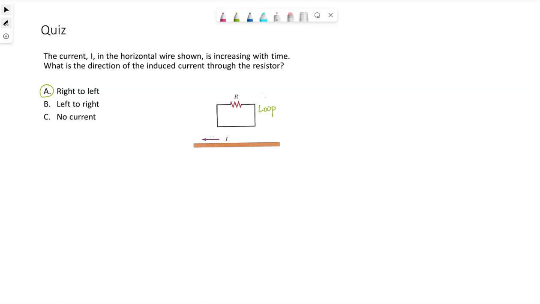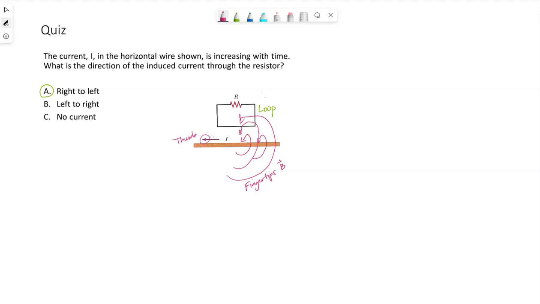So flux changing. The reason this loop up here has a changing flux is because this bottom wire is creating magnetic fields around it. And those magnetic fields, if I put my thumb in the direction of current, my fingertips show me which way the magnetic field circles that wire.